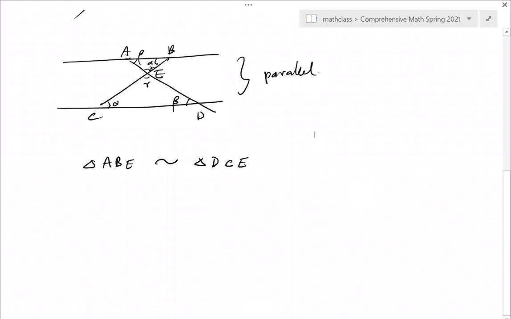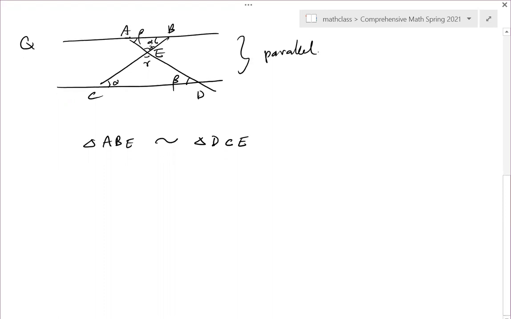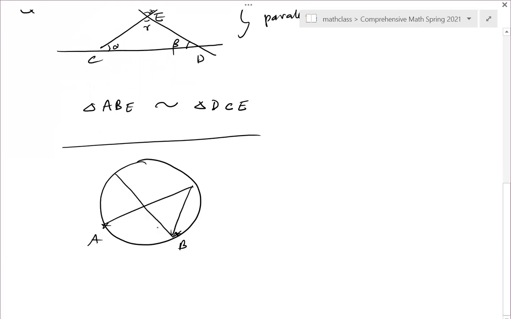Inside the circle, if we have fixed two points A and B, and you draw, this is a C, and this is a C prime, for example.